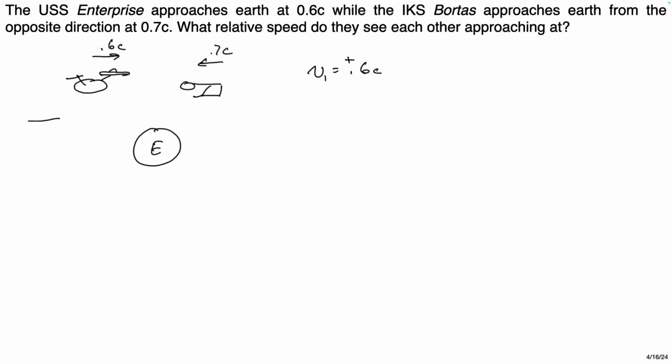I'm saying that this is my positive direction. So that means V2 has got to be the speed of what? The Bortas. But how am I going to write it down? Negative 0.7 c. Direction matters.